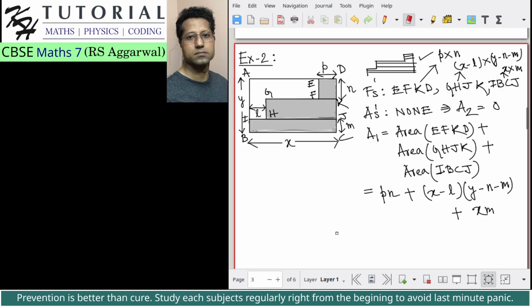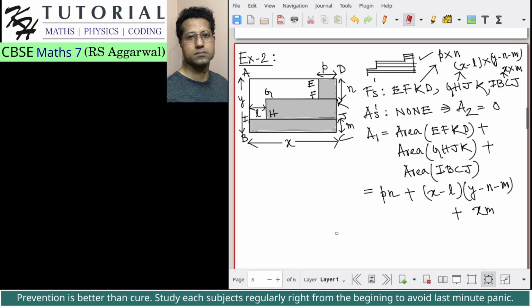Now, sometimes you may find that instead of dividing the shaded region into multiple rectangles and squares, you can enclose the entire shaded region in a rectangle. In most cases there will be some blank area in this, that is the white spaces.